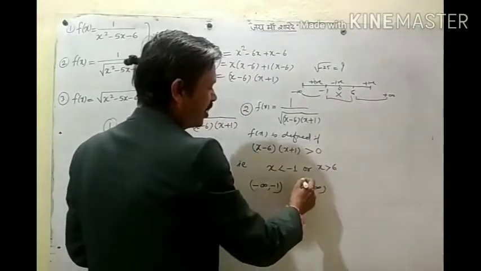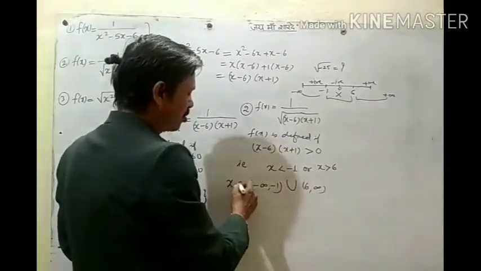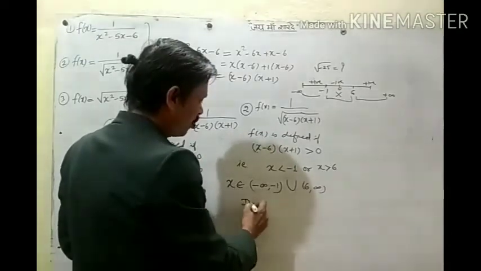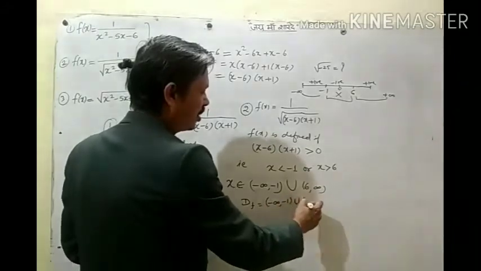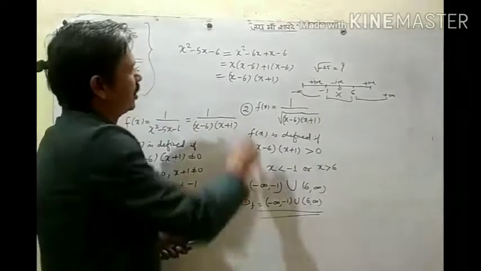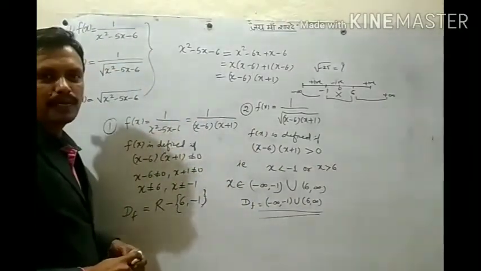These two groups you can take, so we take their union. So x belongs to this group. This is our domain of the function: negative infinity to -1 union 6 to infinity. This will be the domain for the function 1 upon root of x square minus 5x minus 6.